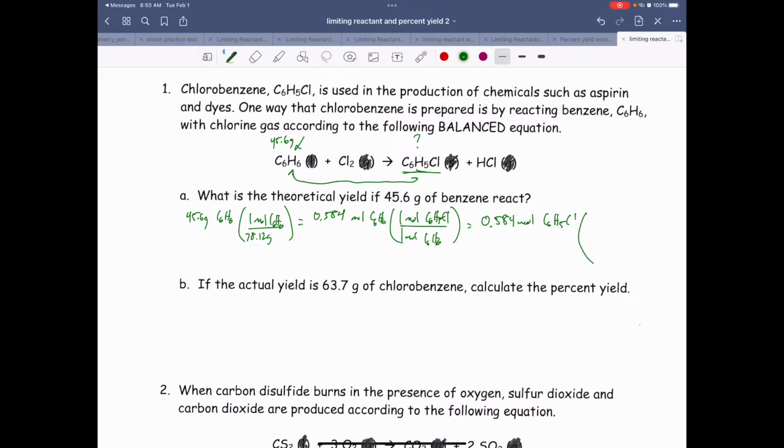So one last step. We got to add up all the pieces here. So we got 6 carbons, so 6 times 12.01 plus 5 times 1.01 plus chlorine, which is 35.45. I get 112.56.